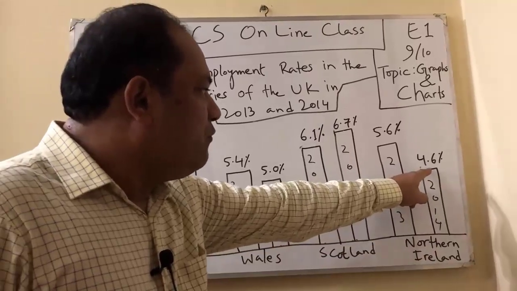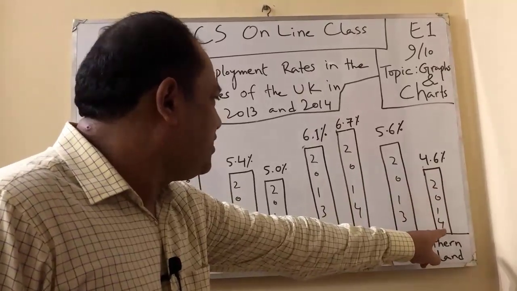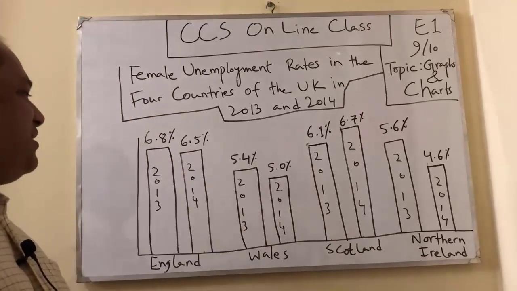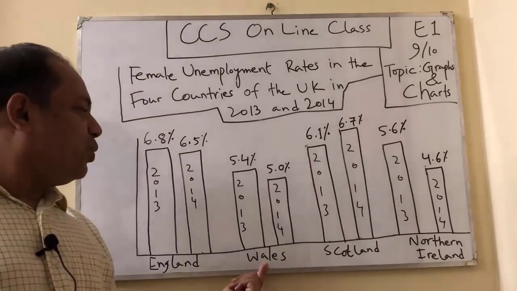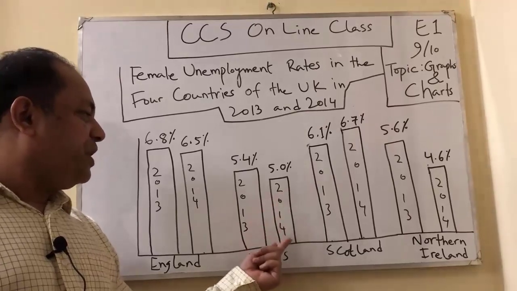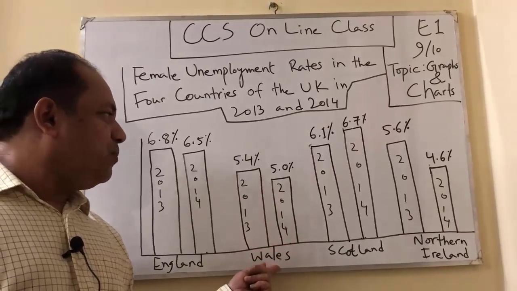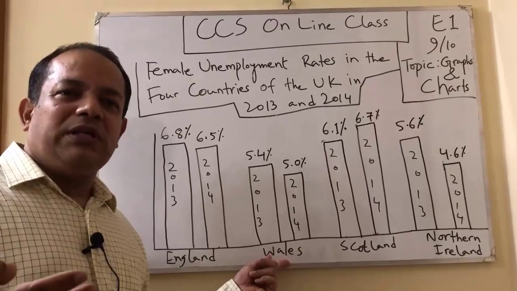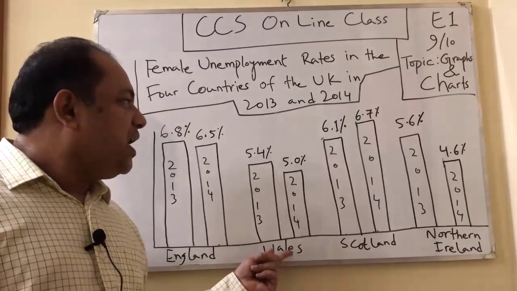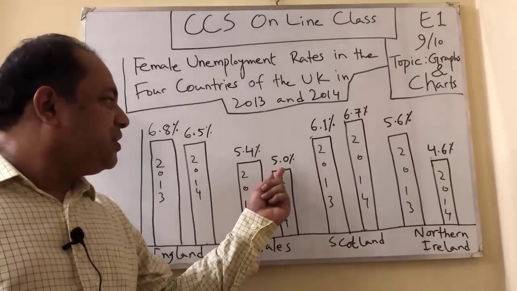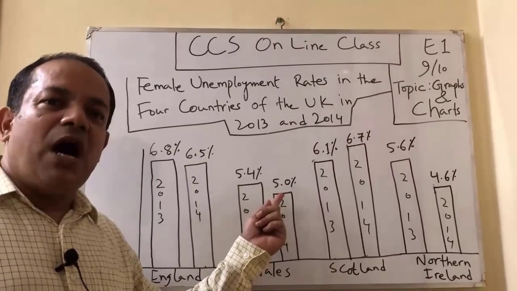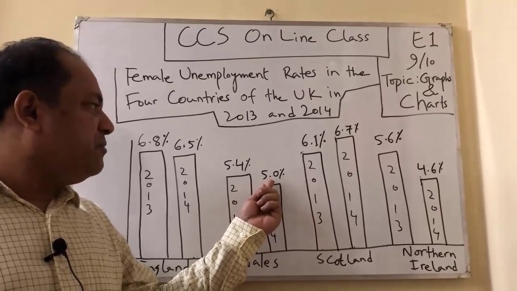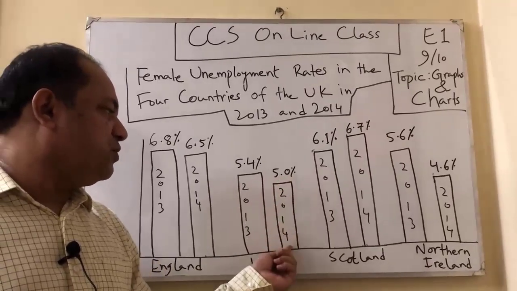It became 4.6% in 2014. After that, in Wales, we see that in 2014 the rate also went a bit down from the previous year. That means it became 5.0% in 2014.